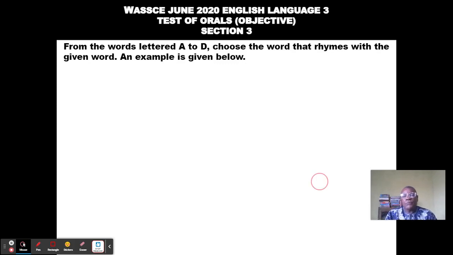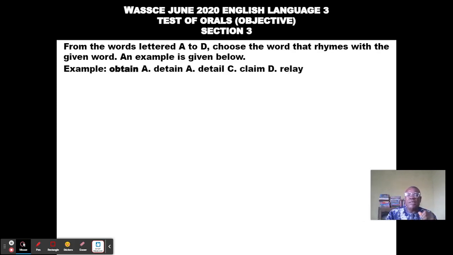Now, from the words lettered A to D, choose the word that rhymes with the given words. An example is given below. Now you can see the example here. Obtain is the given word, and then you have to choose from A to D the word that rhymes with obtain.